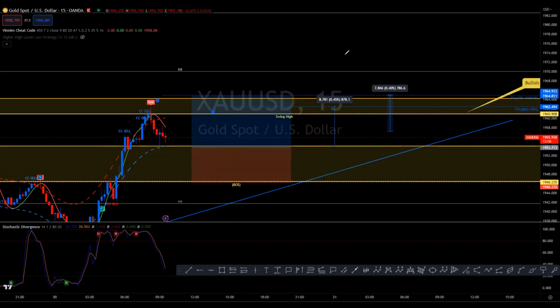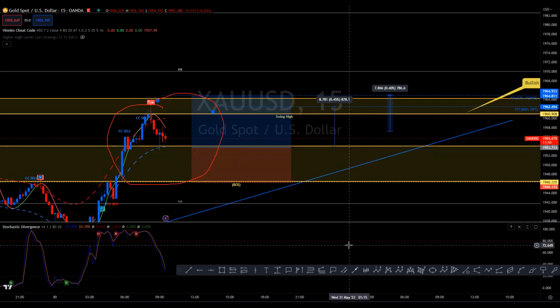That's what I'm thinking. If it passes the Bollinger Band and sticks out, then I'm waiting for that cheat code buy.